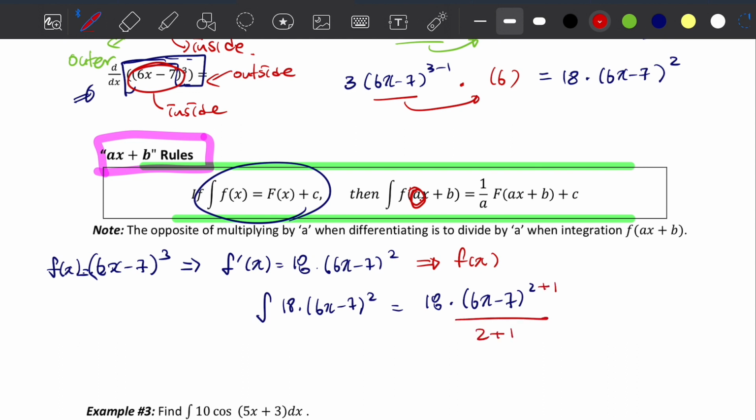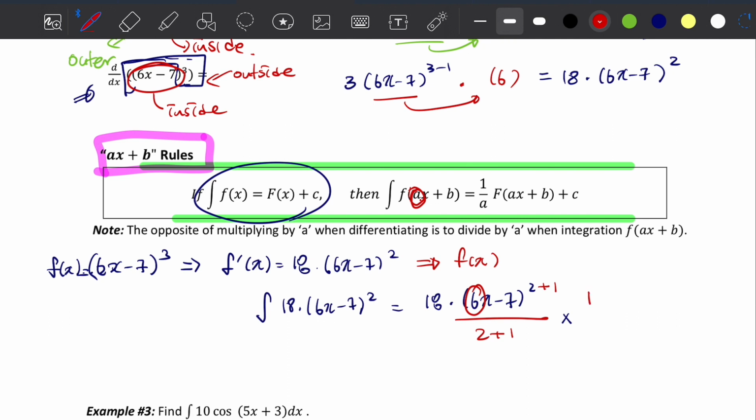So we use the basic integration formula to integrate it first. After that, we multiply by the coefficient of the x inside the function. We take the coefficient of the x of the inside function, put that into the fraction form, and then multiply it into that integrated form.